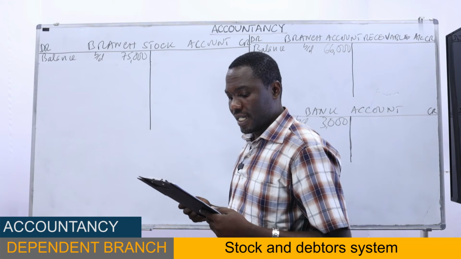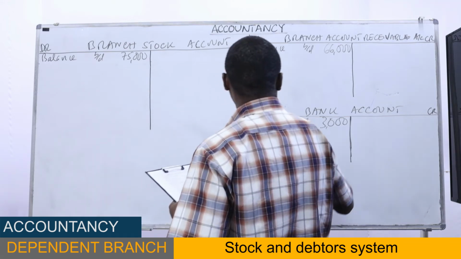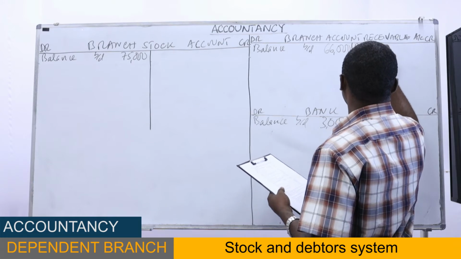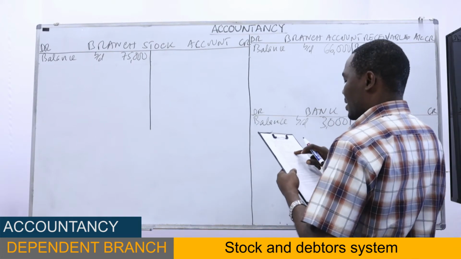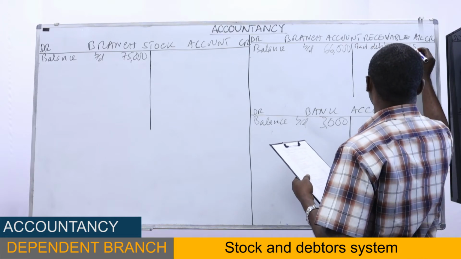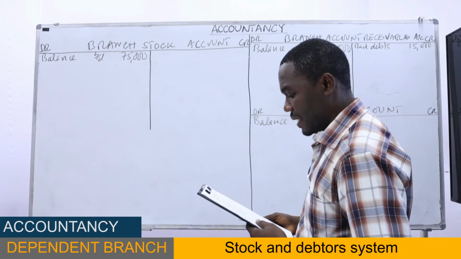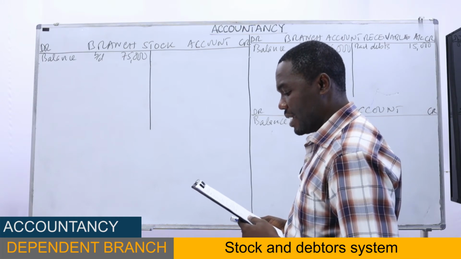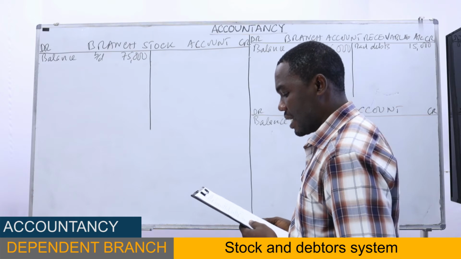So we are told that there are bad debts written off. Bad debts reduce our balance of debtors. Bad debts written off, it was 15,000. Then there are branch general expenses paid from the bank, the branch account.